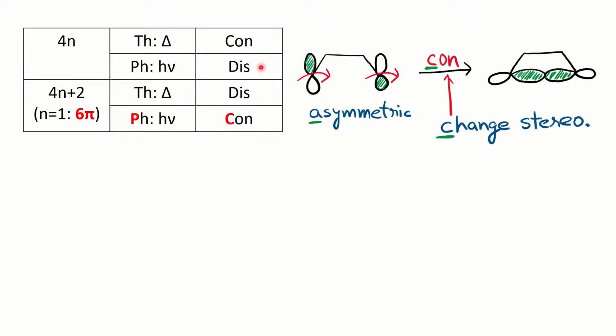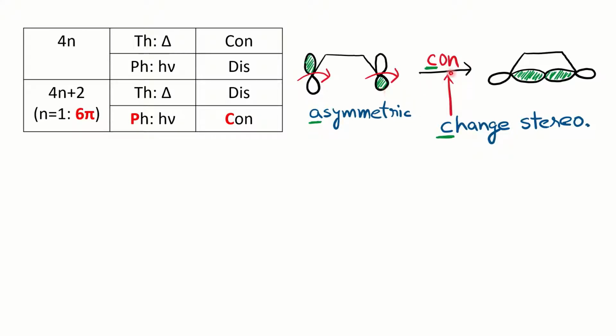Now we will see how to do this conrotatory and disrotatory method. Okay, so these are the two methods here. Conrotatory: you can see the conjugated system on the terminal carbons, the symmetry is asymmetric. If asymmetric, on one side the lobe, the shaded part, is above the plane, and on the other side it is below the plane.